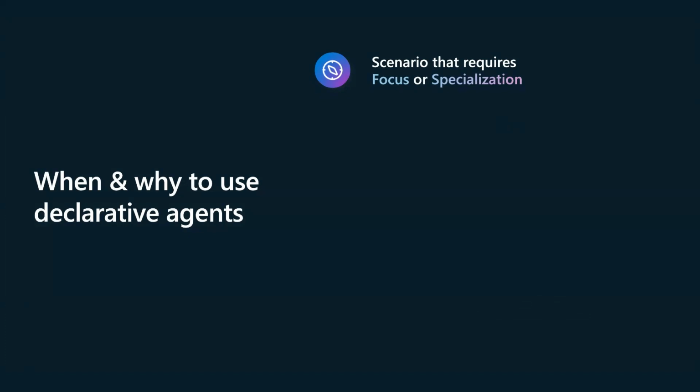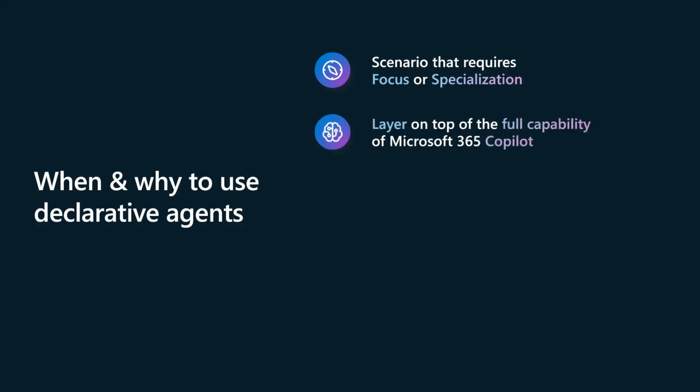That's a simple use case, but we might have more complex use cases, and you will see the real business value of agents layered on top of the full capability of Microsoft 365 Copilot. This is very important because you don't have to think about which model to choose or what the orchestration layer is. Everything is defined for you. All you need is the business problem and, of course, an M365 Copilot license.